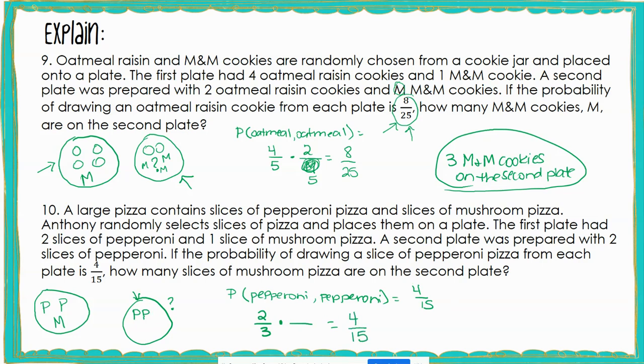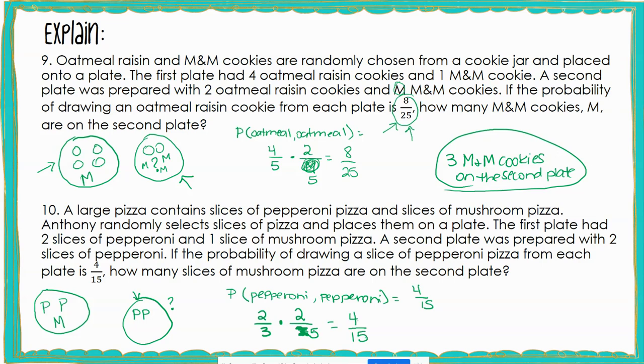Well, when I look at my second plate, I know that there are 2 pepperoni, so it's 2 out of, and what we don't know is how many total slices there are. Well, when I look at this, 2 times 2 is going to give me 4. So 3 times what is going to give me 15? I know that 3 times 5 gives me 15.